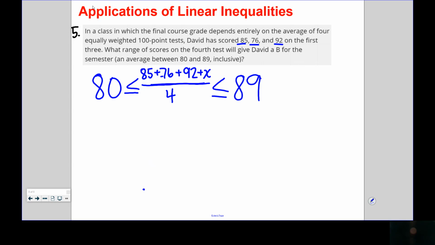This is just a compound inequality. We can get rid of the 4 in the middle. How can we do that? Multiply everything by 4. The 4 cancels in the middle. What's 80 times 4? 320.